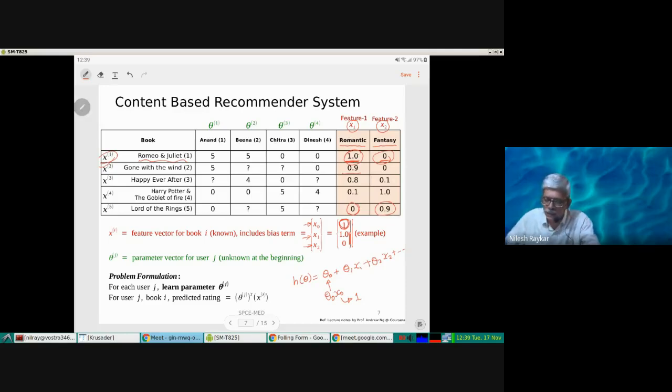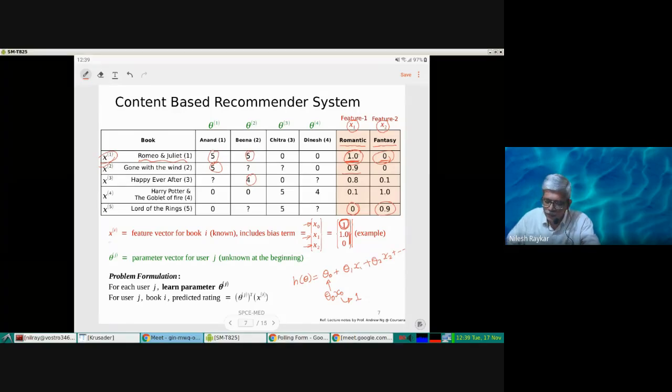In addition to the ratings given by the individual users, which the bookshop will have by means of its website, you will require information related to the features of the book. The features are available in the form of numbers related to each content type of that particular book. In this case, the content type is whether it's romantic or whether it's fantasy.